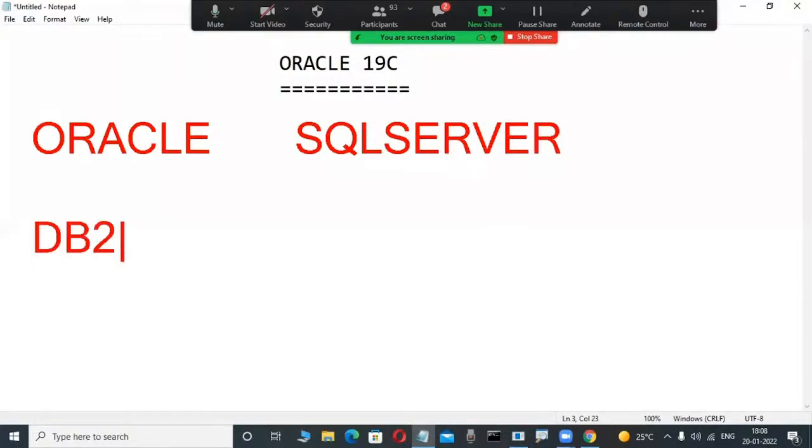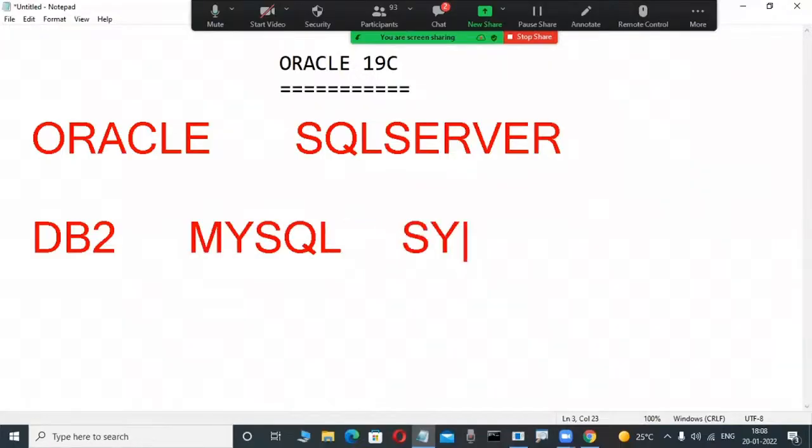DB2 is a database product from the IBM company. MySQL is an open source database product, but nowadays Oracle Corporation has purchased it. Again, Sybase is a database product from Ingres Corporation.